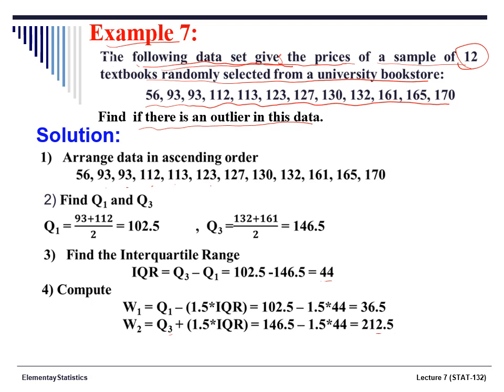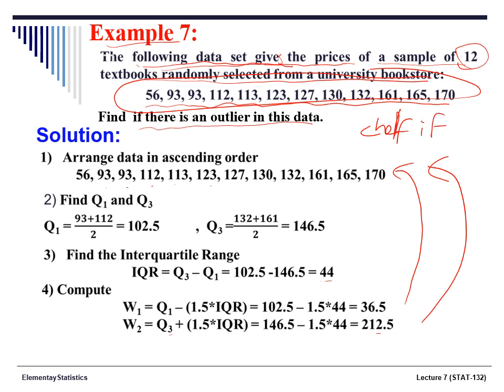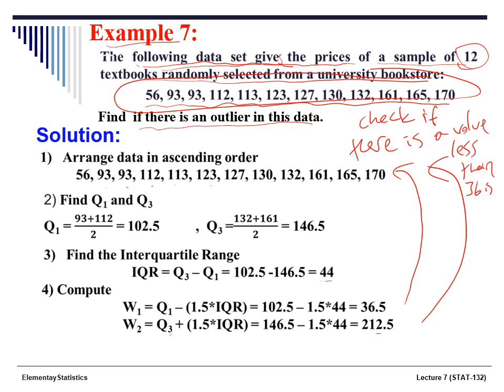Now we check the data. It has to be arranged, and it's already arranged. Check if there is a value less than 36.5.